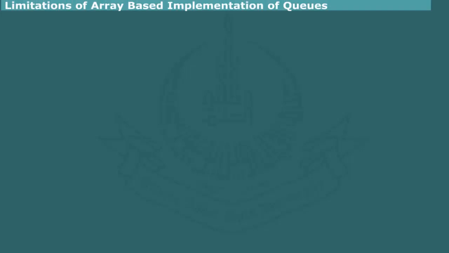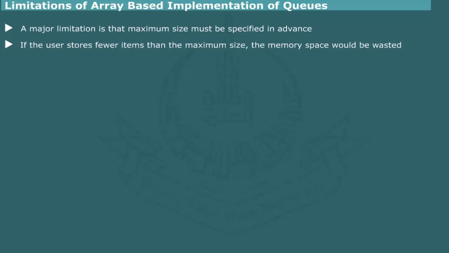Limitation of array-based implementation of queue. A major limitation of the array-based design is that the maximum size of the queue must be specified in advance. If a user needs a queue to process fewer items than the prescribed size of array, a lot of memory space would be wasted.